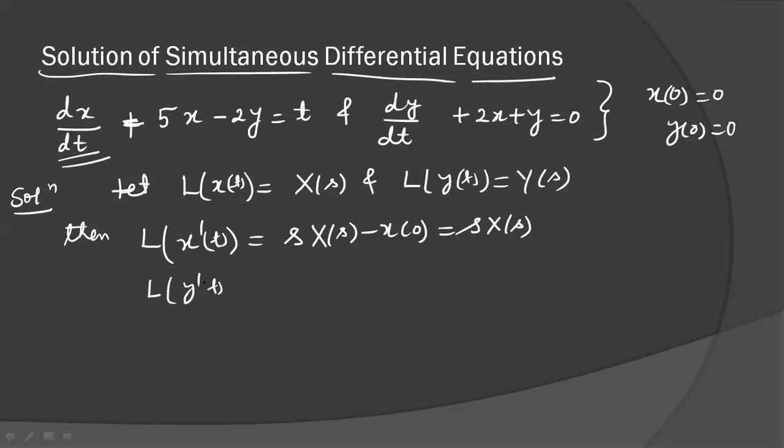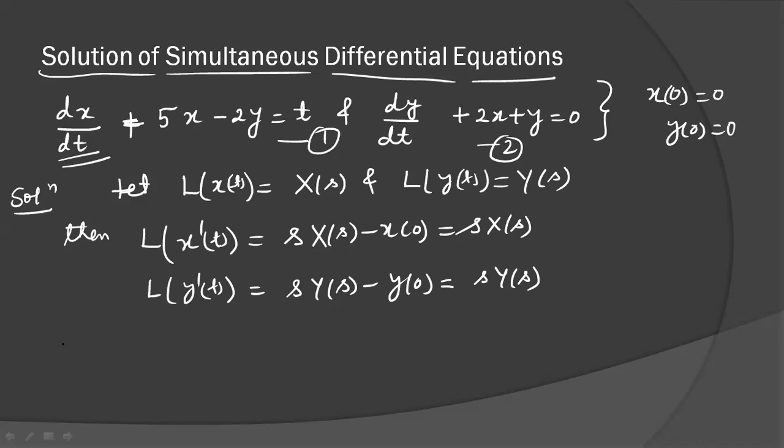Laplace of y'(t) will become sY(s) minus y(0), so it will become sY(s) because y(0) is 0. Now take the Laplace transformation of equations 1 and 2 on both sides.